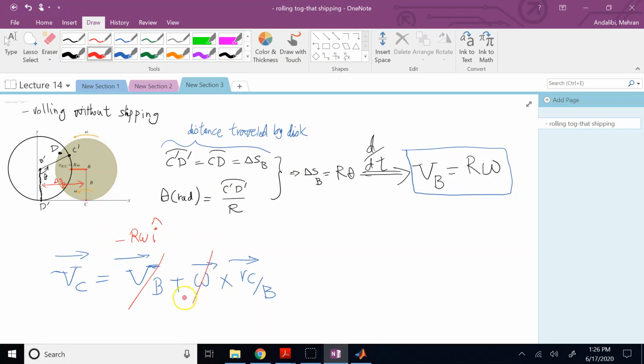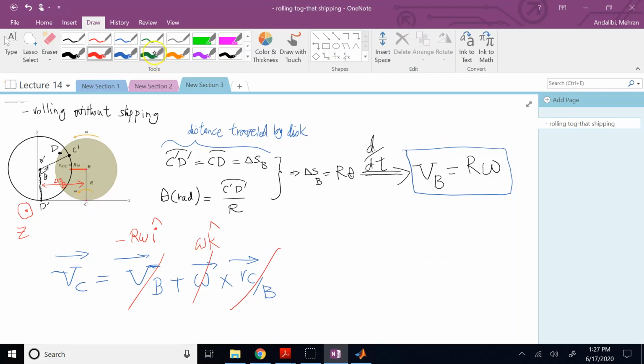What is vector omega? Vector omega is counterclockwise, and we learned that when x is like that and y is like that, then the z-axis is out of the plane, so counterclockwise means positive z, or positive k. So I can write it as positive omega times k, right? Magnitude times direction. And what is r of c with respect to b?